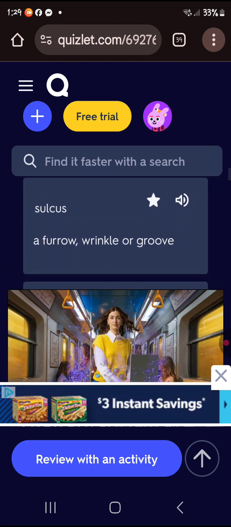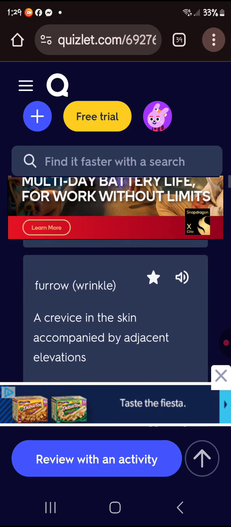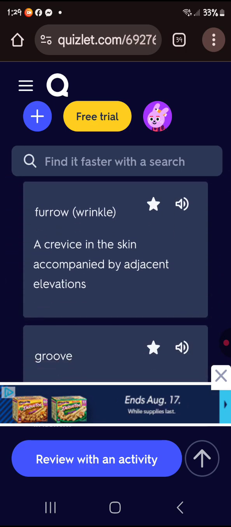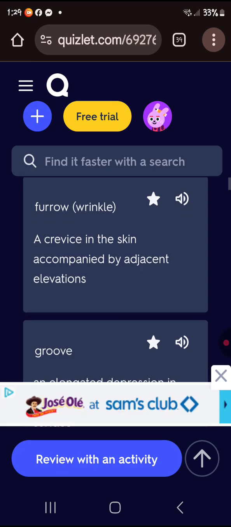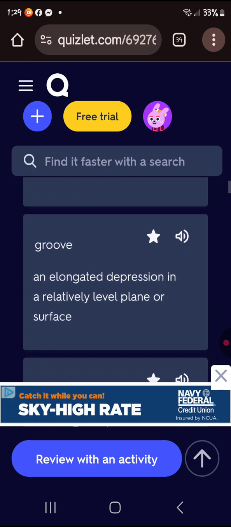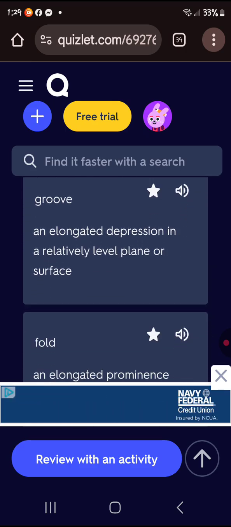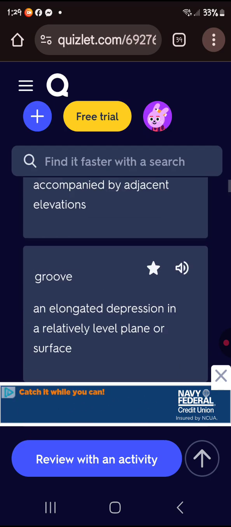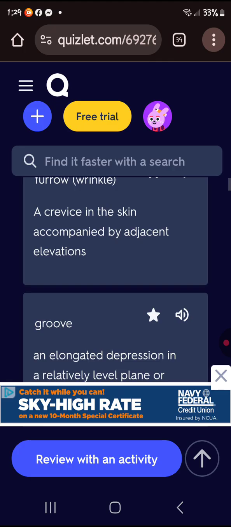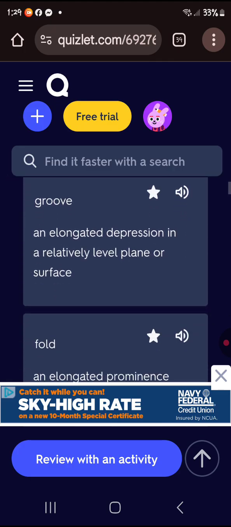So a sulcus is any of the three: furrow, wrinkle, or groove. A groove is not as deep as a furrow. So a furrow is a crevice, and a groove is just a depression.